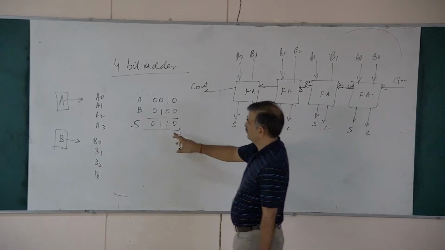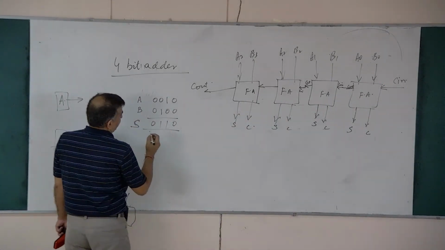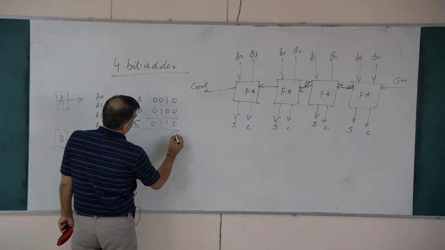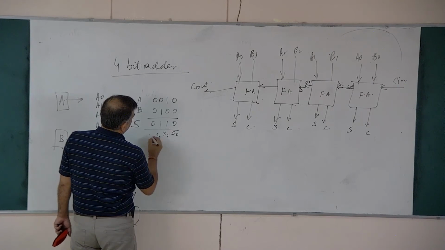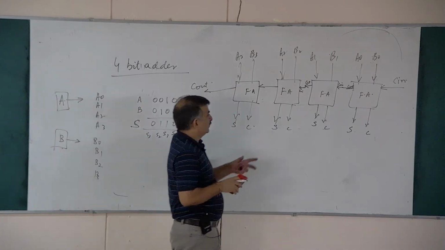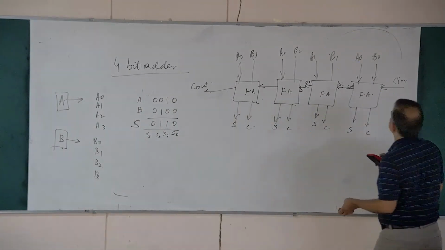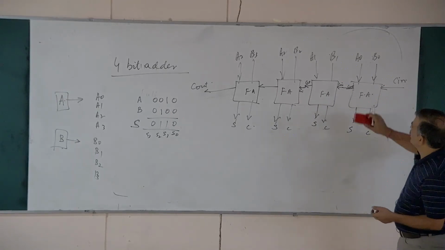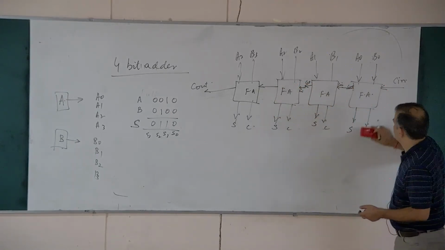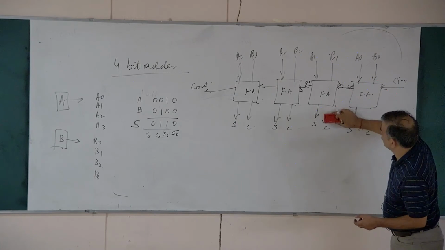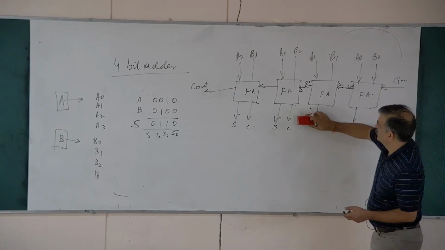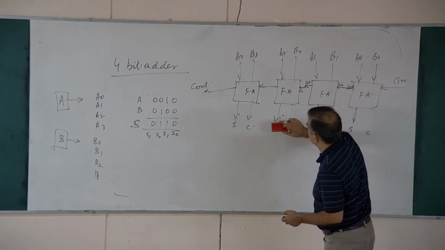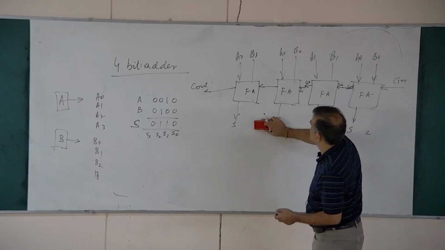So, sum is basically S0, S1, S2, S3. Here I would like to show some modification for the carry. Since carry I have already used, there is no need to show this, so please make necessary changes. So, I have only sum output.